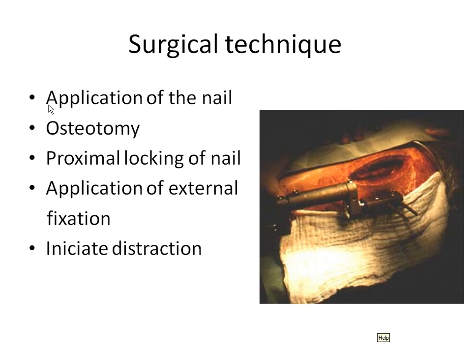The surgical technique is relatively simple. The first step is application of the nail, then osteotomy on the nail. Proximal locking of the nail is next, then application of external fixation and start of distraction.